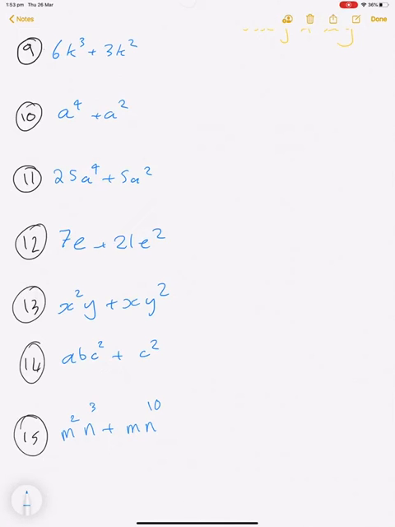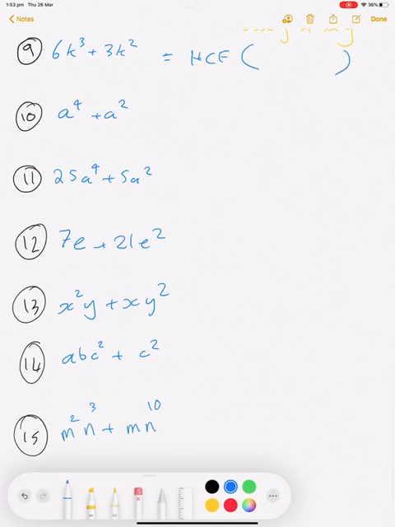Okay, so pause the video and remember, in order to factorize, we need to have the highest common factor outside the bracket, and we need to divide each term by the highest common factor. Okay, so hopefully you've done that.